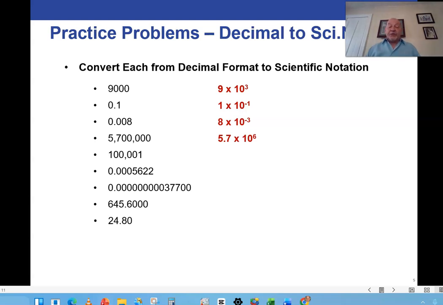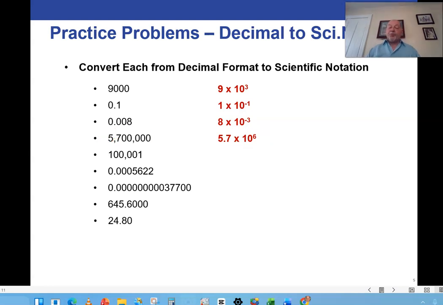Or you could notice that counting from the decimal point, if we put the decimal point back in and we say the first position before the decimal point is what we're calling the quote-unquote 0 position. It's really the ones position. That's the 0 position, and we just count 0, 1, 2, etc. By the time we get to the 5, that's the 6th position. So that tells us we have to multiply by 6 powers of 10.